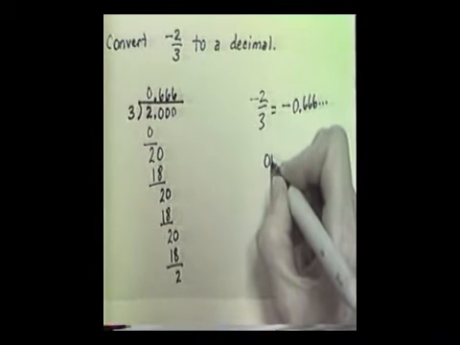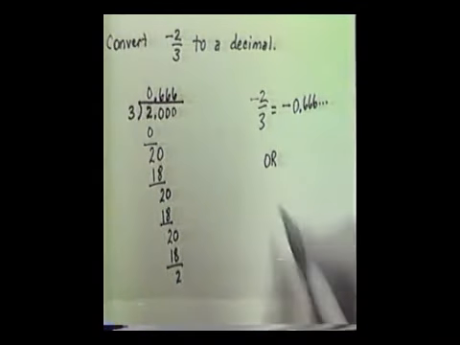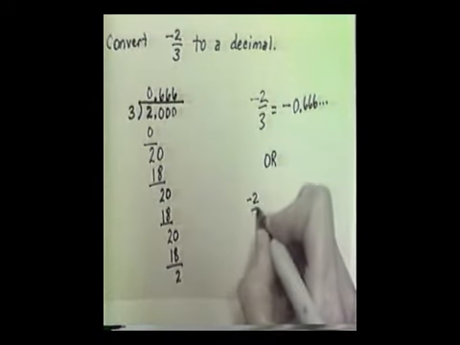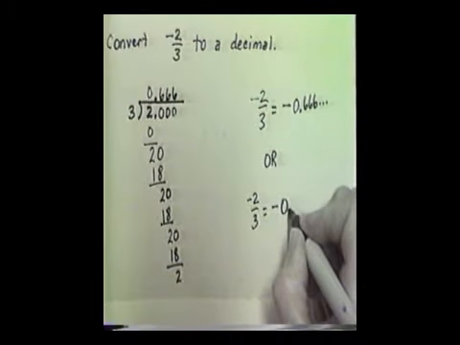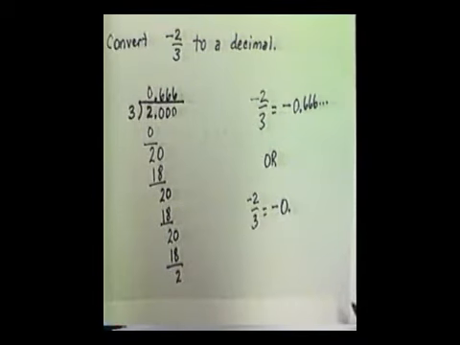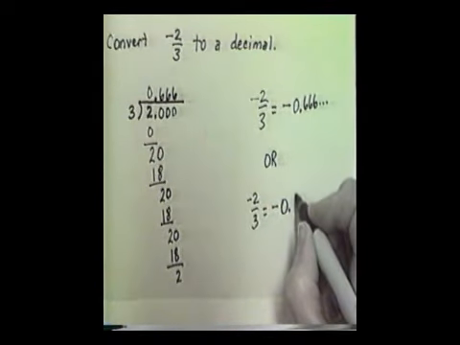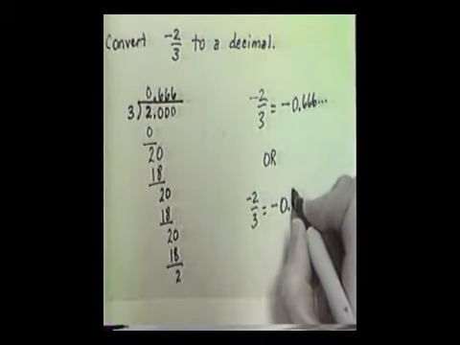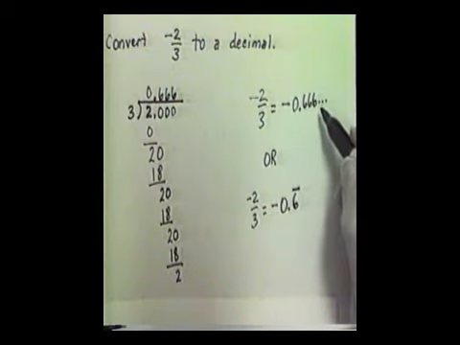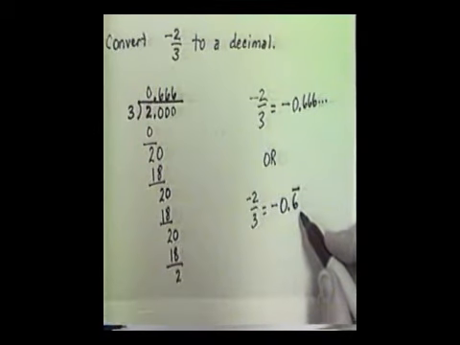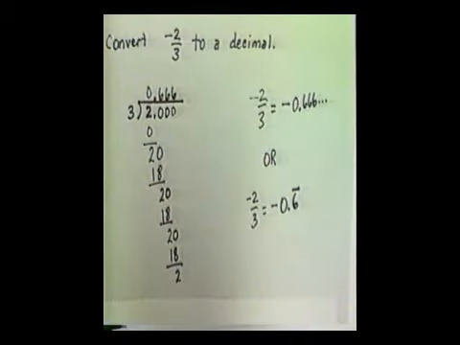Or we can write negative 2/3 as negative 0 point, and then a notation that means this pattern continues forever is to write the 6 with a bar over it. This means exactly the same thing as 0.6666 and so on. So negative 0.6 with a bar over it means the repeating decimal 0.66666 and so on.